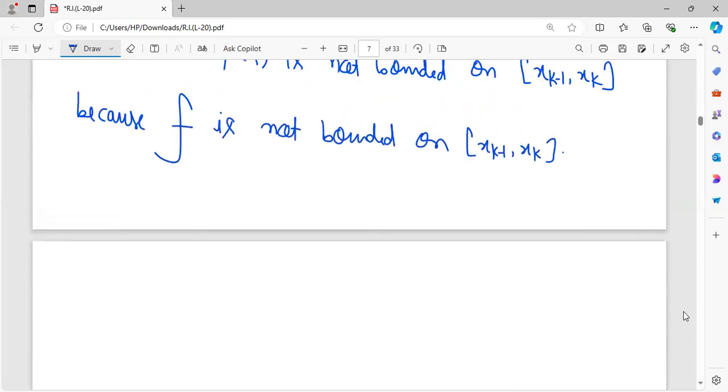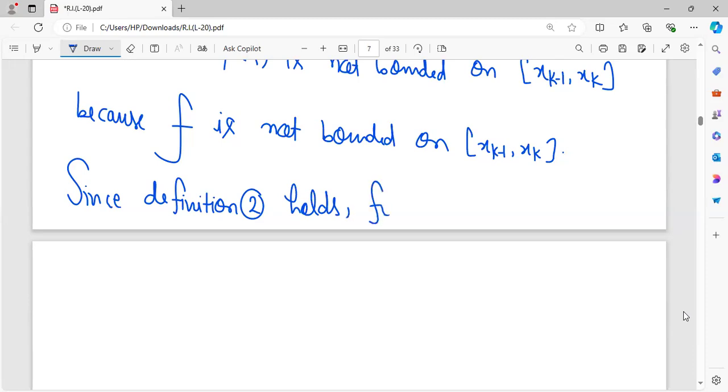Now, since definition 2 holds, okay, holds for epsilon equal to 1. Definition 2 holds means what?